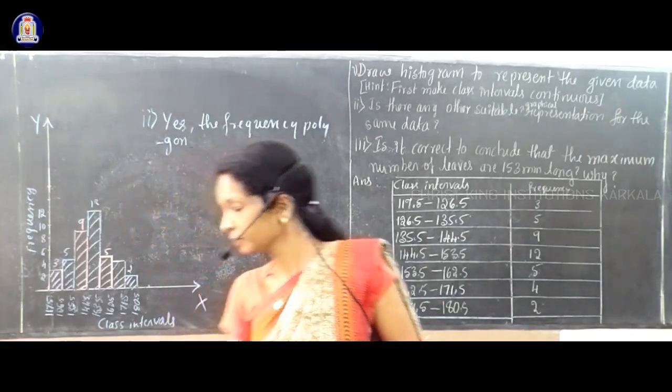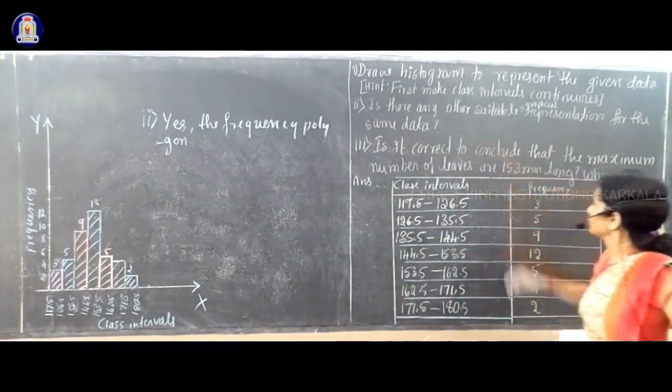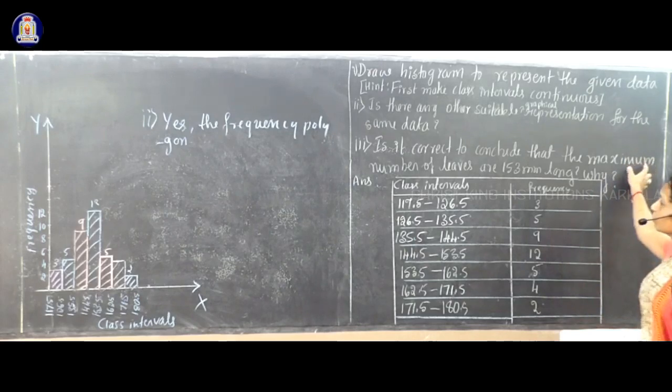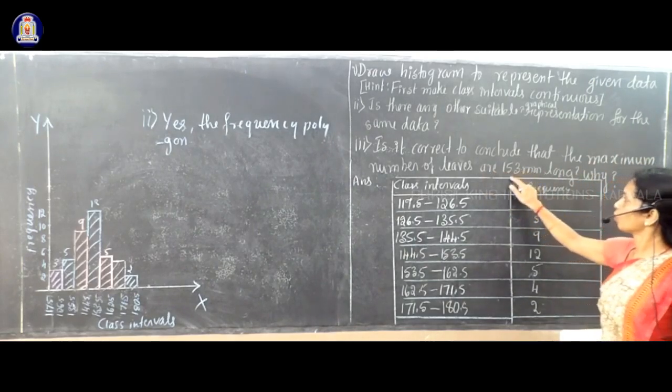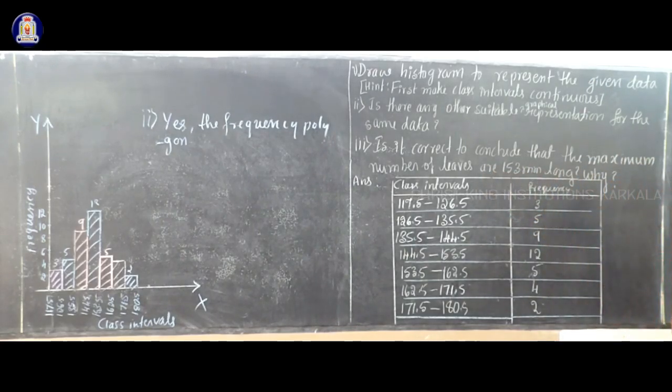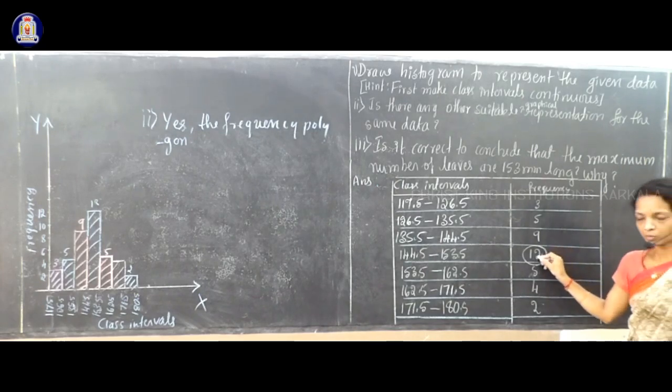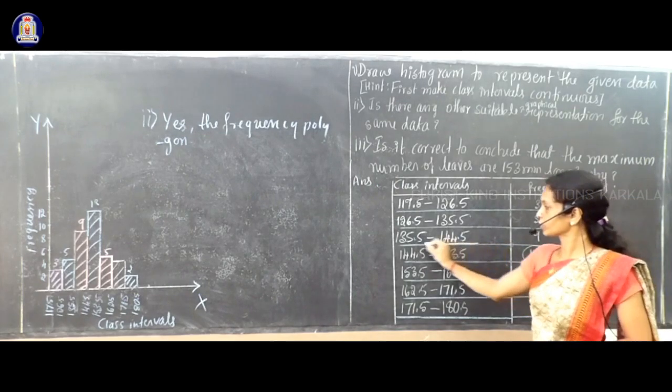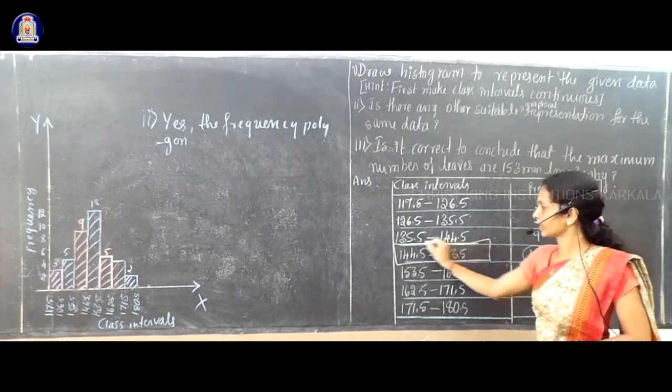And the third one is: is it correct to conclude that the maximum number of leaves are 153 millimeter long? Why? Here you see, this frequency column represents the number of leaves. Where do you have the maximum number of leaves? Here, 12. 12 is the maximum number of leaves. That is for this class interval.